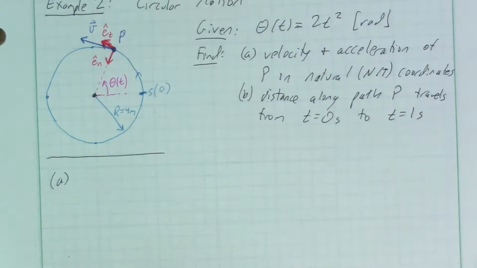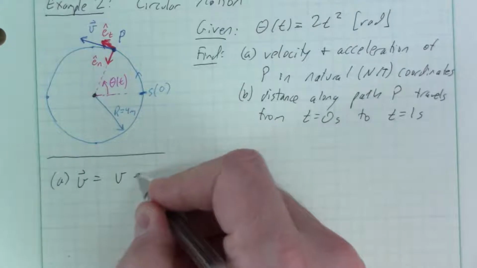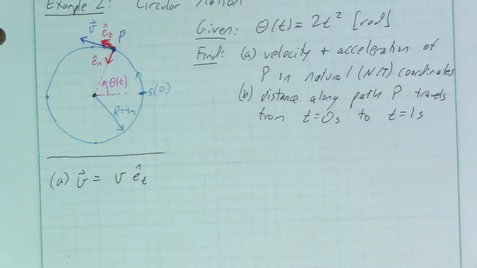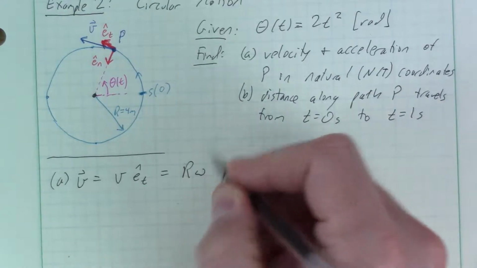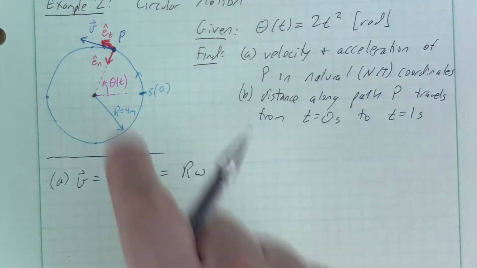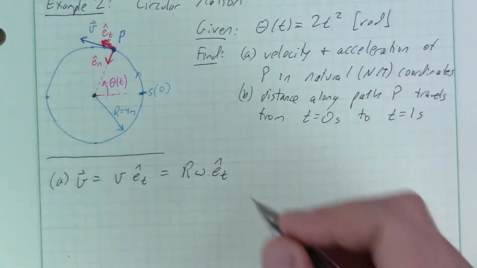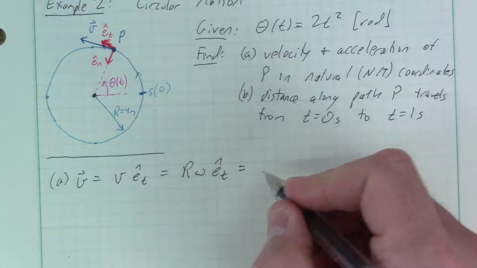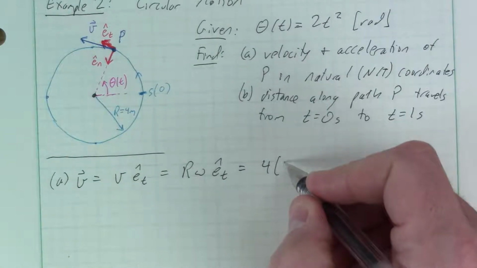Okay, so our velocity, we'll start with that. Our velocity is the speed at any given time times the tangential unit vector. The speed is r omega for circular motion. This is not uniform circular motion; it's just motion in a circle, not always at the same rate. So we just plug these in. 4 is the radius given in the diagram there.